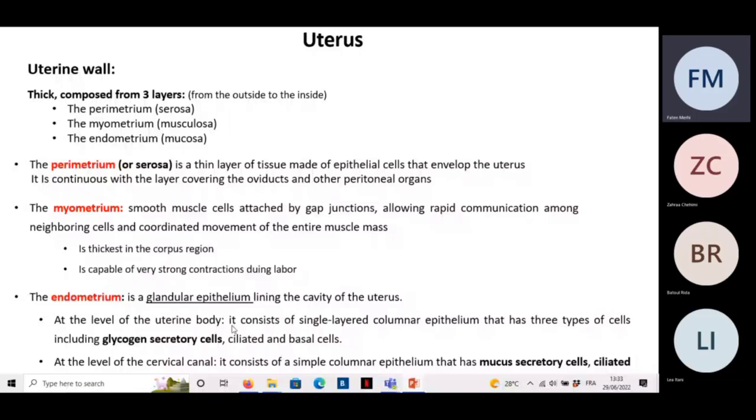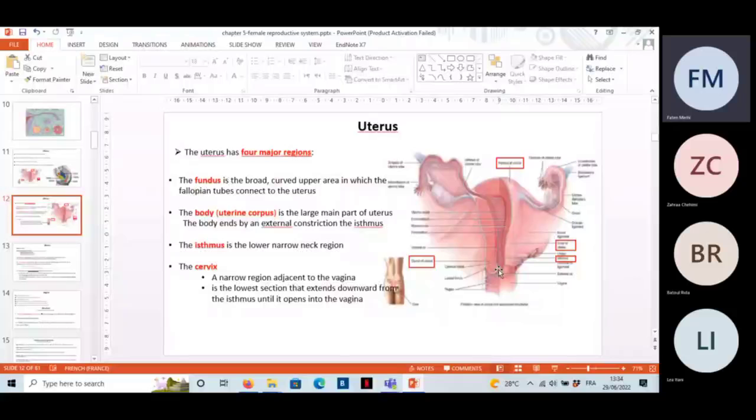Now, at the level of the uterine body, we have some glandular cells that secrete glycogen. So here the cells produce glycogen. At the level of the cervix, we have the endometrium composed of pseudostratified epithelium, but this epithelium does not contain glycogen secreting cells; however, the cells here produce mucus.